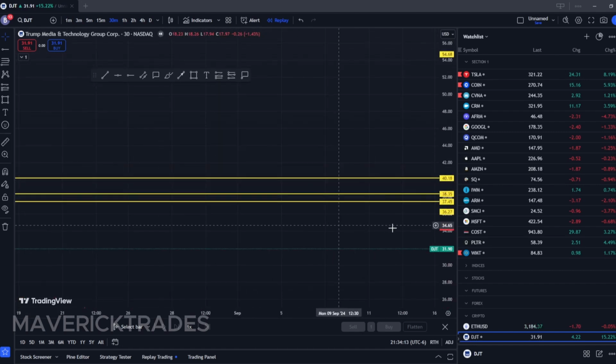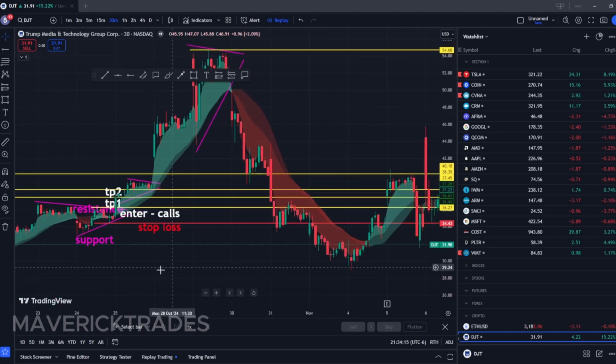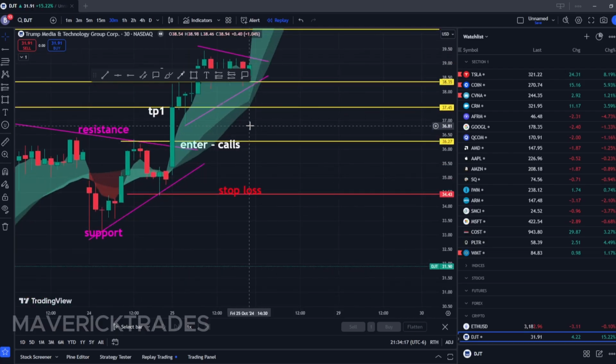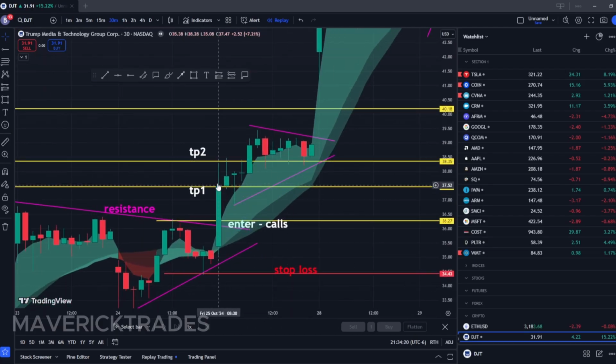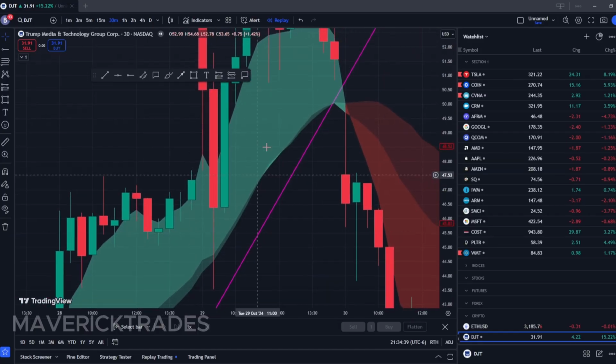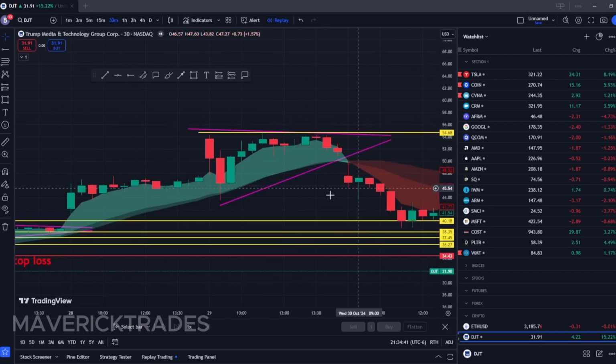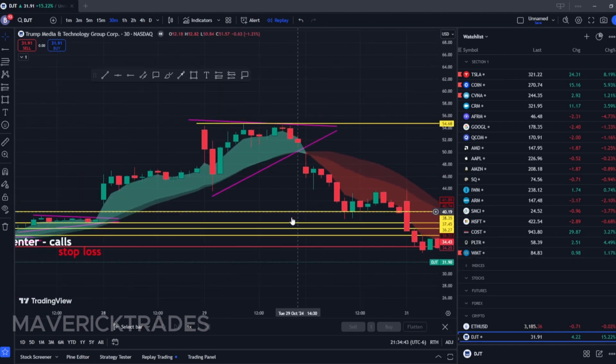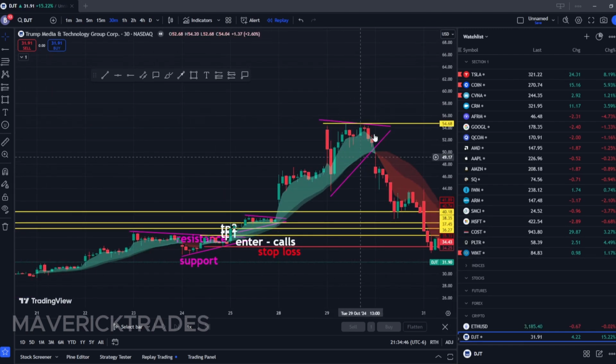If you go back to the previous action, you see these lines playing out perfectly. TP1, TP2. Touch, touch, touch right there. Okay. And then you got another wedge here. Strong support, strong resistance, breakout.